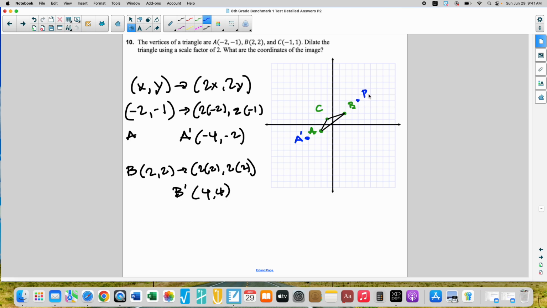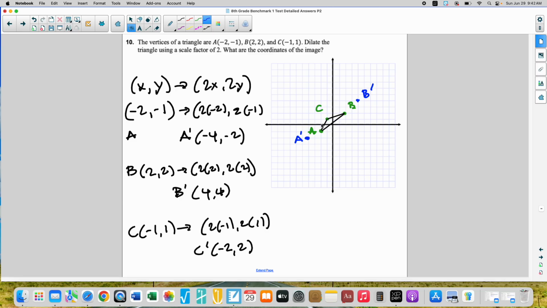Here's B prime. And then C, that coordinate is -1, 1. If we put it into the template, we get 2 times -1 and 2 times 1, making C prime -2, 2. And let's draw that.